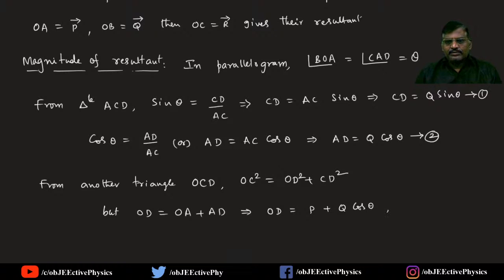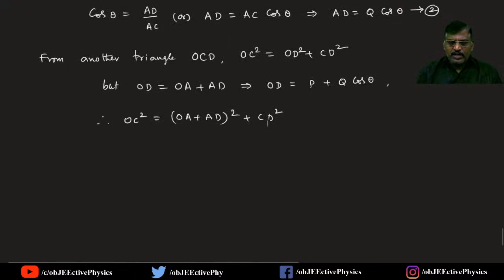And CD is equal to Q sin theta from equation 1. So therefore OC square is equal to, in the place of OD, we can write OA plus AD, whole square, plus CD square.